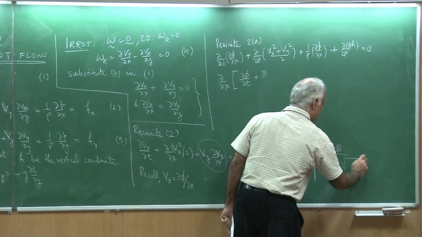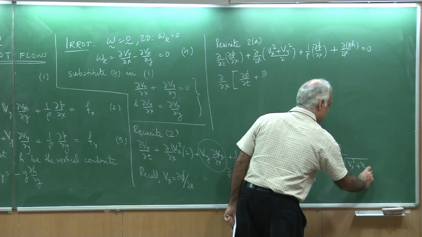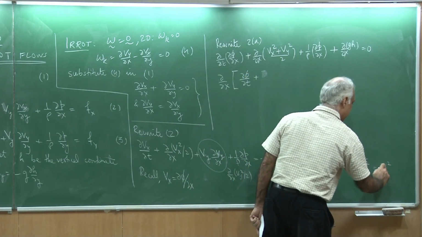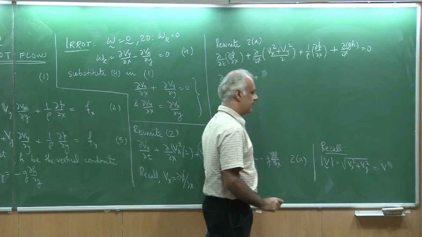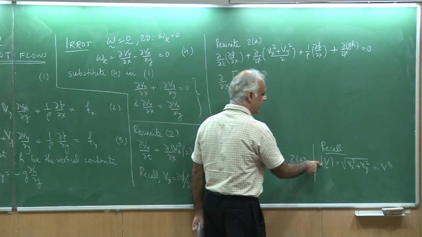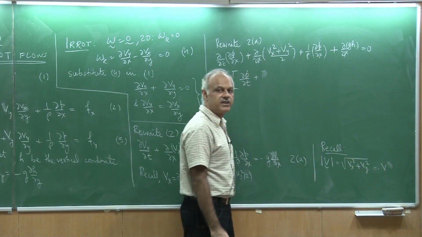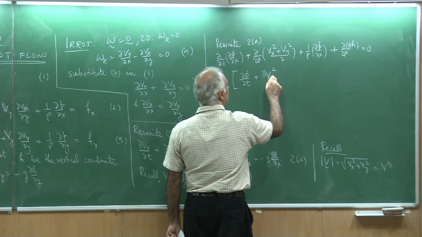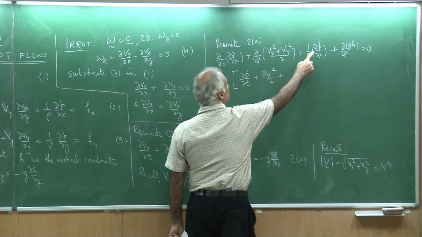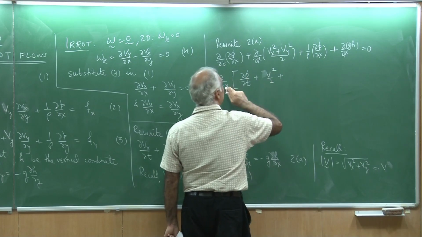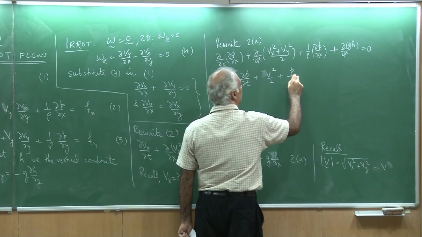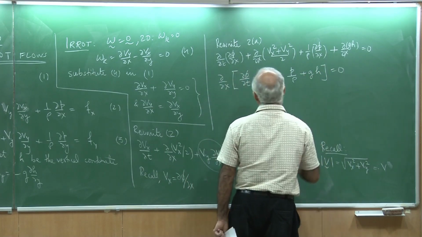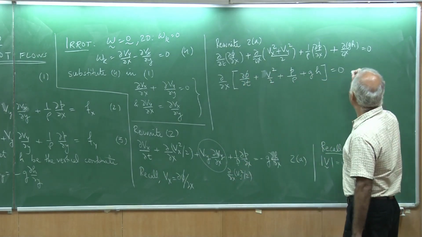So, that is given as square root of Vx square plus Vy square, and let us simply call this as V square or simply V. So, if I remove the vector notation and the modulus and simply call the speed as v, then I will be able to write this term Vx square plus Vy square as simply V square by 2, and the term of pressure gradient, that del by del x I can take outside and simply call it as P by rho, and this term I can call as gh. This is 0. So that's my 2C.